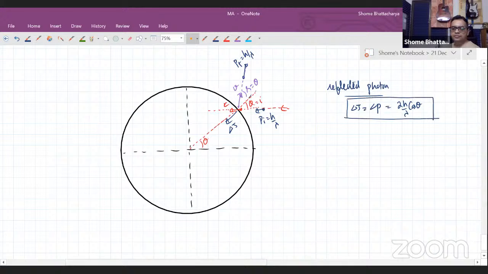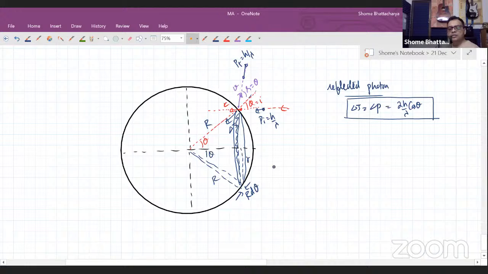Okay. So now what we'll have to do is we'll have to consider an entire ring like this, whose thickness is r d theta, and whose own radius is r sine theta.